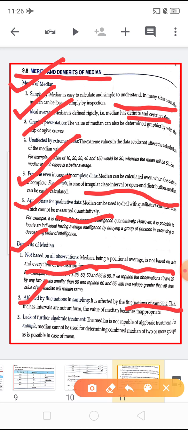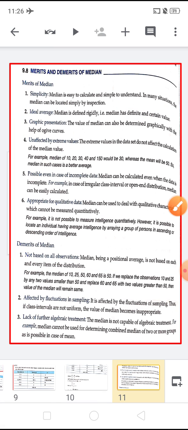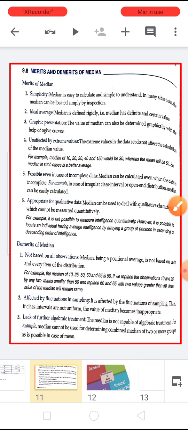And the last demerit is the lack of further algebraic treatment. The median is not capable of algebraic treatment. For example, the median cannot be used for determining the combined median of two or more groups, as it is possible in case of mean. So children, these are the merits and the demerits of a median.